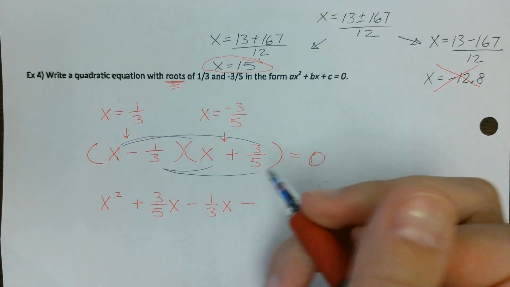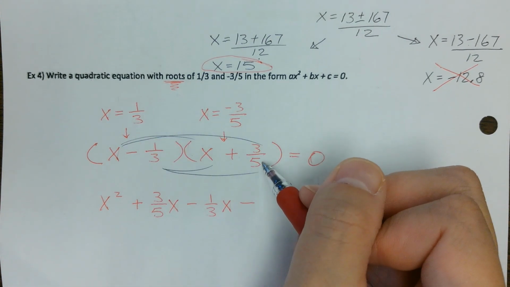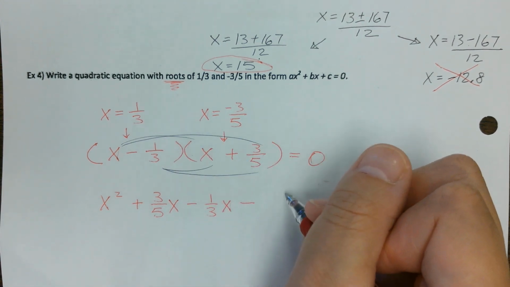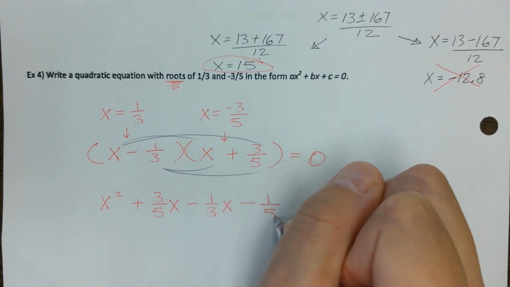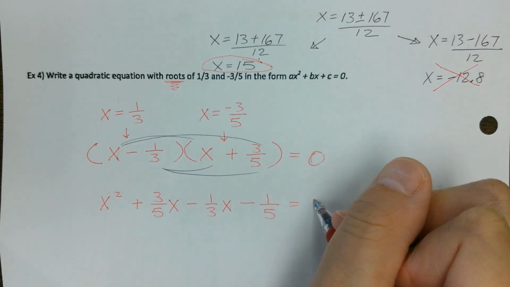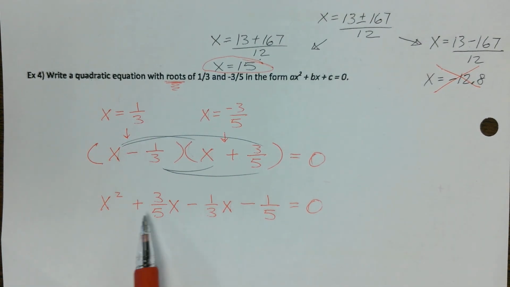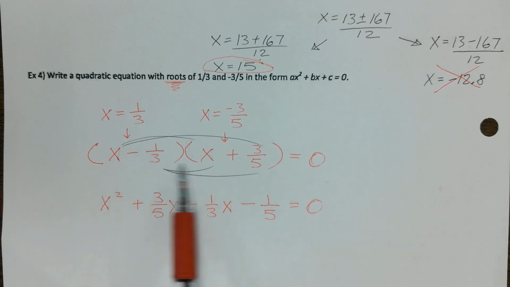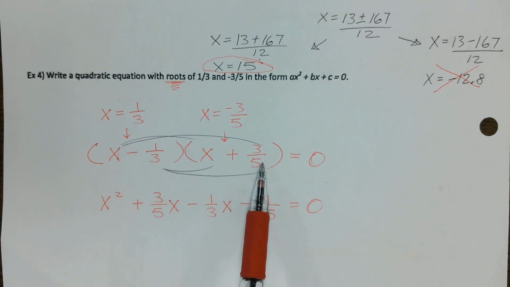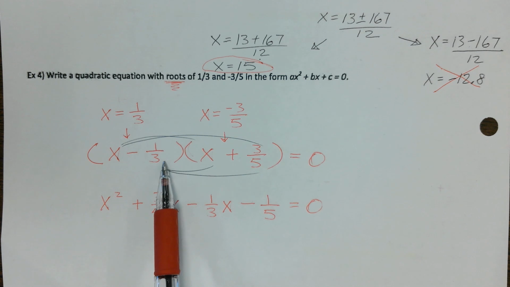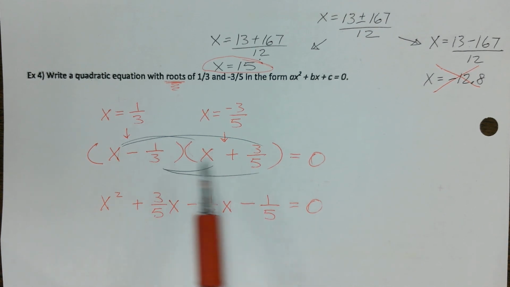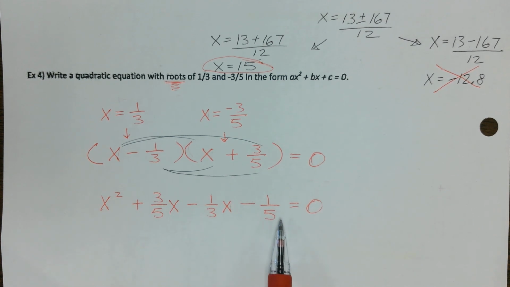And then minus 1/3 times 3/5. 1/3 times 3/5, you get 1/5, because the 3's cancel out. Okay, so what I did here was I just did FOIL. Remember when you multiply fractions, you just multiply the top number with the top number, bottom number with the bottom number. So that's how I got 3 over 15, which is the same as 1/5.